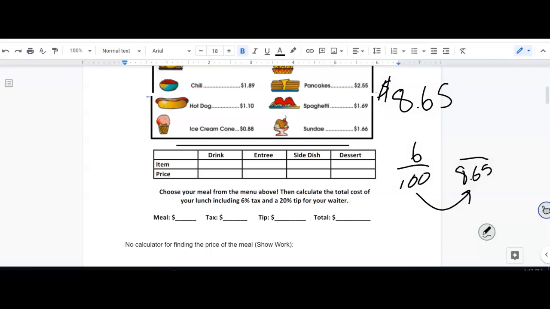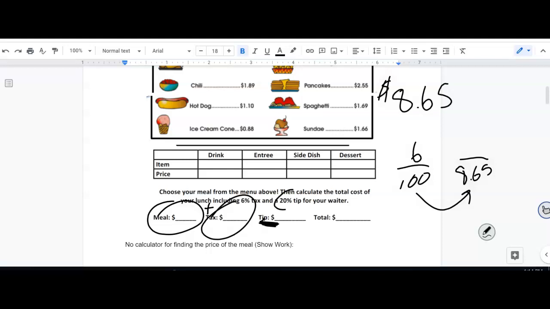If you take $8.65 and you divide it by 6%, you're going to get a number that is greater than $8.65. Would that answer make sense? No, we know our number has to be small and it has to be less than $8.65. All right, then remember, you're taking the meal price plus the tax price to find your tip.